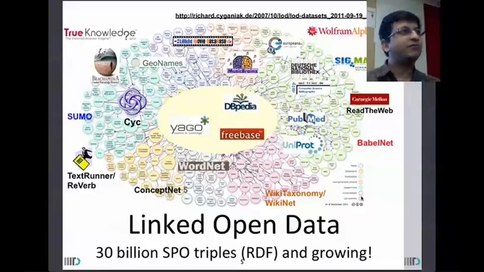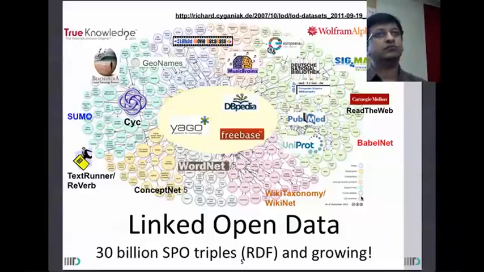So we have an ontology here, right? There is no superimposed schema on any of them, but most of these ontologies are already part of LOD. So the effort of merging these ontologies together? What do you mean by that? For example, as you said, people can write any predicate they want.